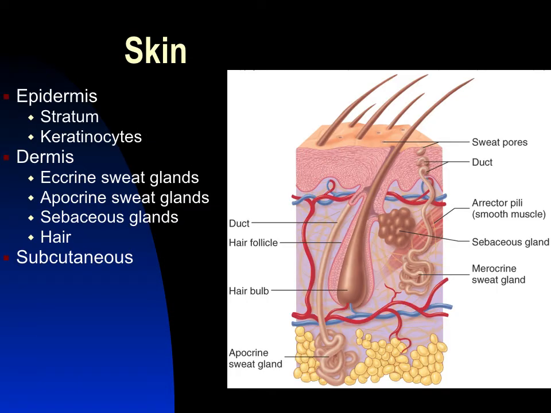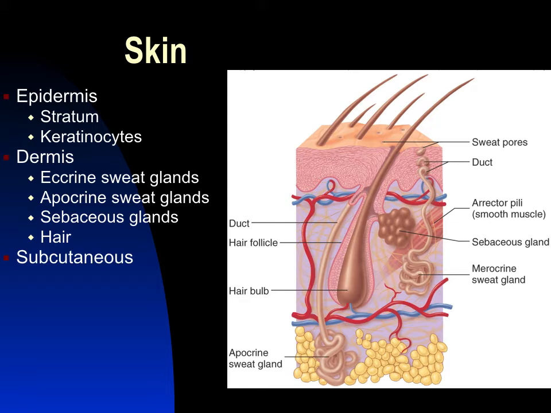So let's talk about skin, and let me just remind you that there are sweat glands associated with the skin. There are two types: the apocrine sweat glands, which release their materials into hair follicles, and that material is produced after puberty and is involved in communication between individuals.